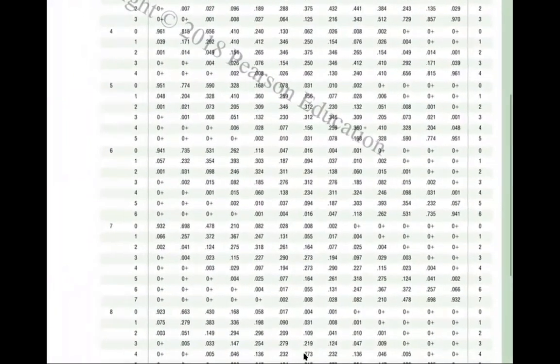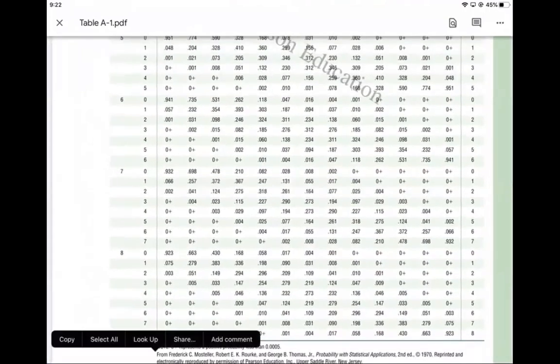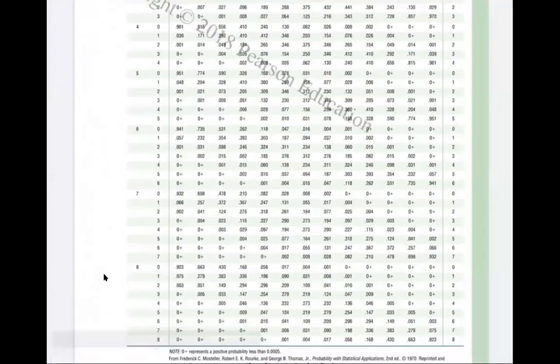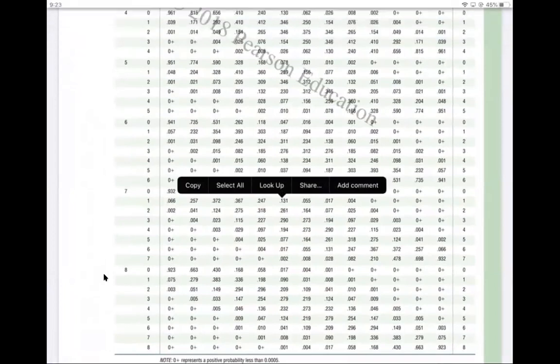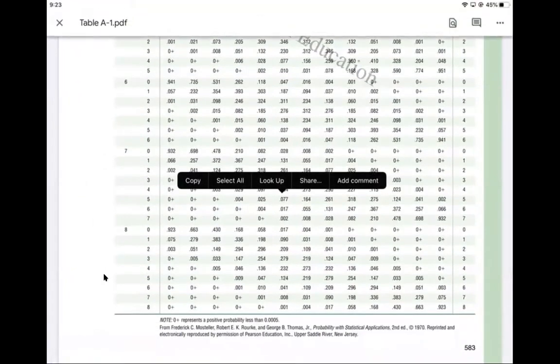So n is 8, p is 0.5, and x is 6. First, x is 6, so that is this. X is 7 means this. Here x is 6, 7, 8.